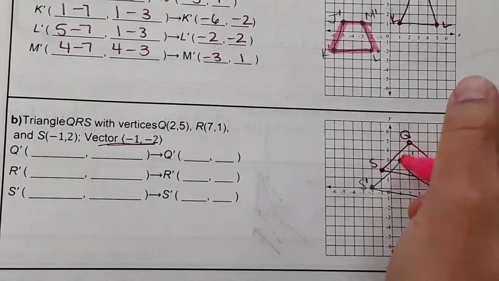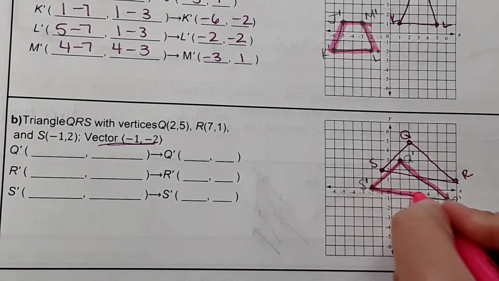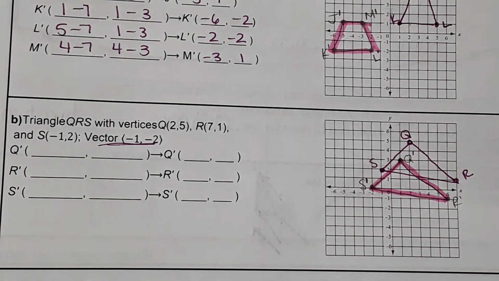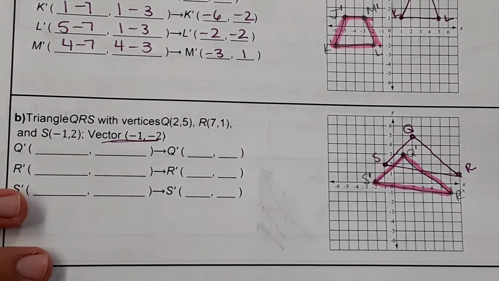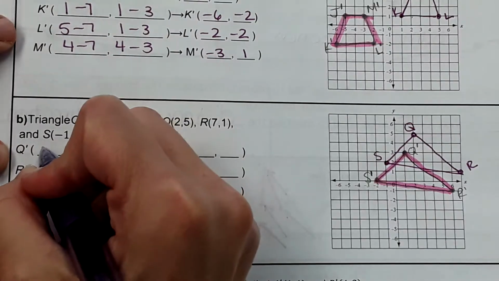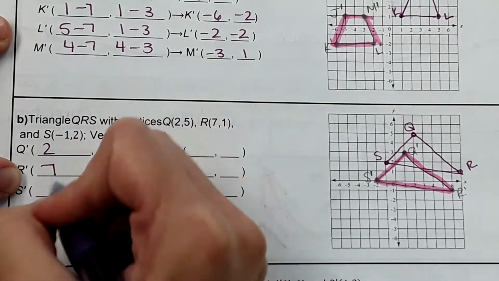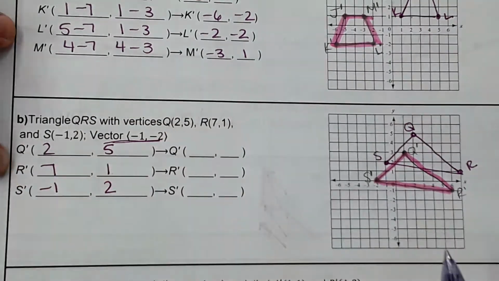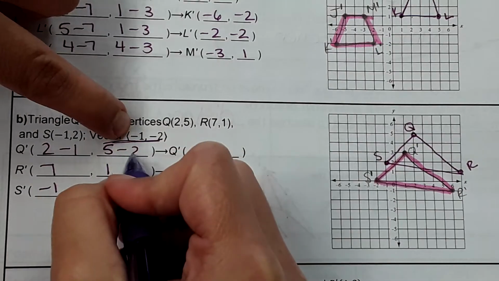And there's the translated image. And then for the blanks, we'll just take our original points and then add the vector.